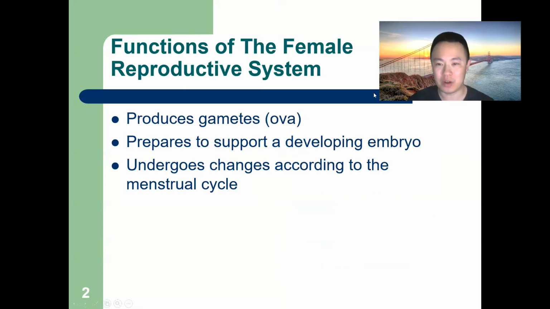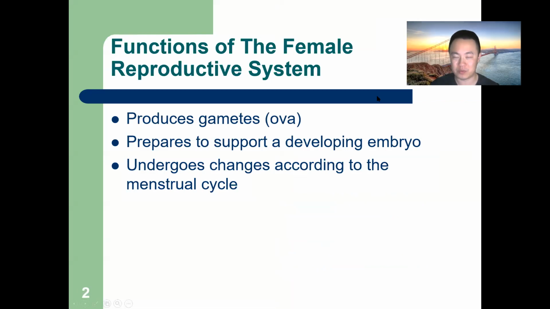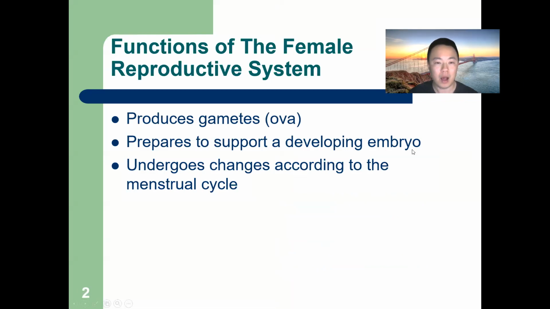Okay, so here are some of the functions of the female reproductive system. One of the functions here is to produce gametes, and gametes is a general umbrella term that describes either sperm or egg. And of course, in the female reproductive system, we're particularly talking about the egg. Now, ova here is the plural form, ovum is singular.